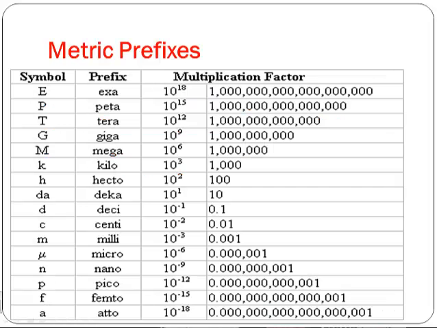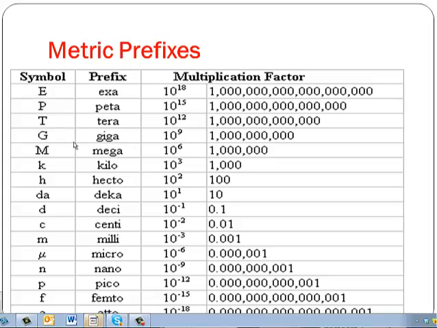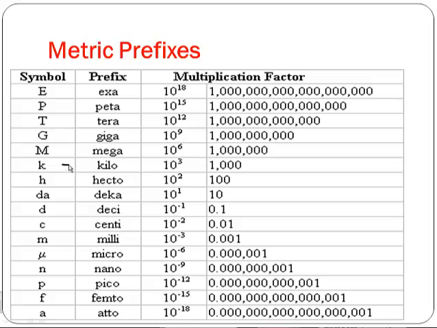All right, so these are the metric prefixes that you guys need to be aware of. The most important ones are as follows. There's a ton of them in here, but you need to be familiar with kilo, knowing that the factor that you multiply by is 10 to the third.